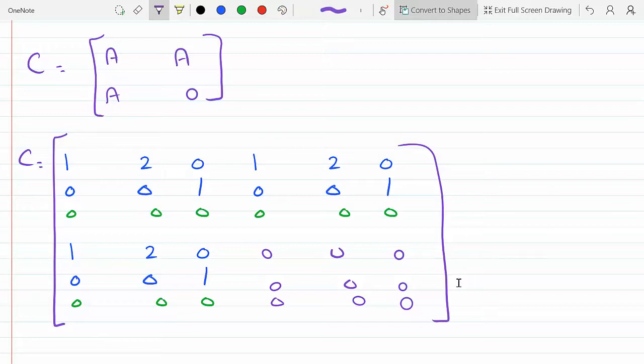And now notice what I could do. I could subtract row 1 from row 4. Row 4 minus row 1.